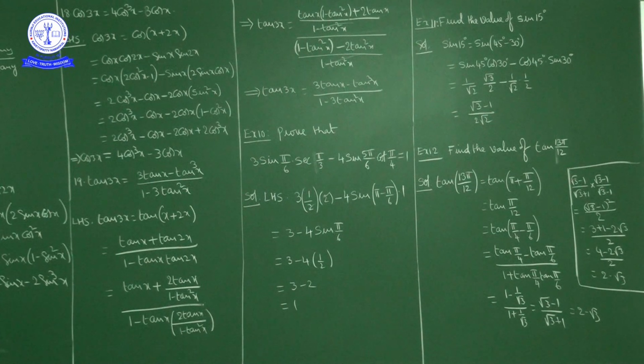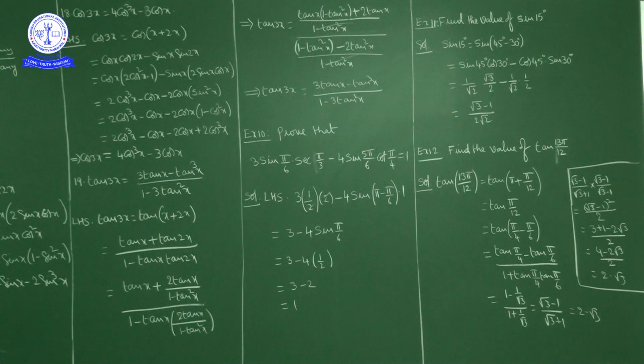Next formula, tan 3x. The tan 3x formula is 3 tan x minus tan cube x upon 1 minus 3 tan square x. Here tan 3x I'll write as tan(x + 2x). Now the tan(x + y) formula is tan x plus tan y upon 1 minus tan x into tan y.